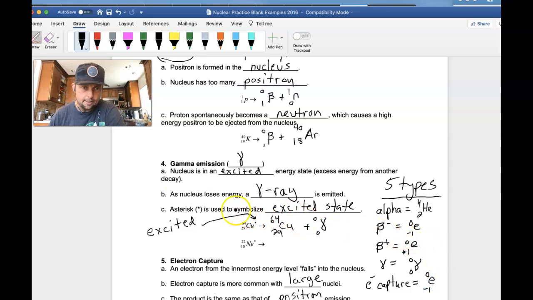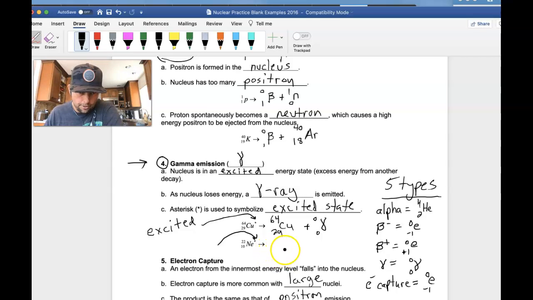Okay, so looking at these, I want to talk first about number 4, the second example under C, which is neon. This one, because we're told it's a gamma emission, and if you see this little asterisk right here, just like in the above example, that just means this is an unstable nucleus, but no particle is going to be emitted.